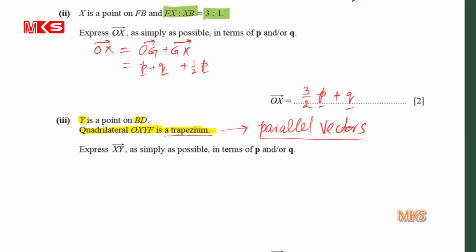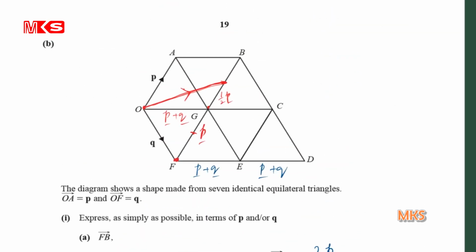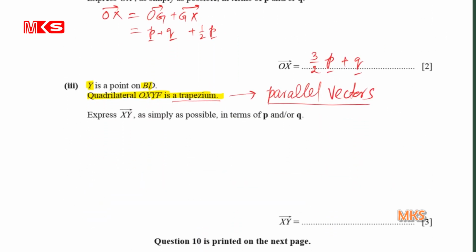The point Y is on BD. So here the point Y is on BD, on this line, and the name of the trapezium is OXYF.